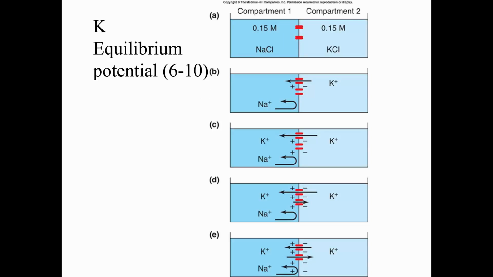We see that theoretical scenario in this diagram. We have a compartment that's 150 millimolar sodium chloride, and 150 millimolar potassium chloride in the other compartment. So we have two compartments separated by a membrane, and we introduce a permeability to only potassium.